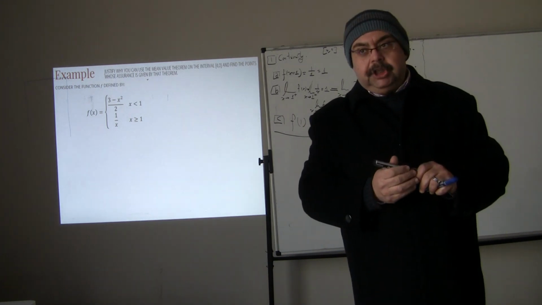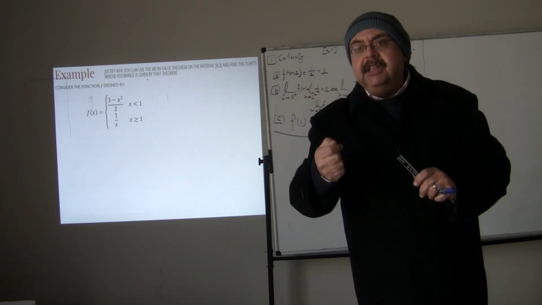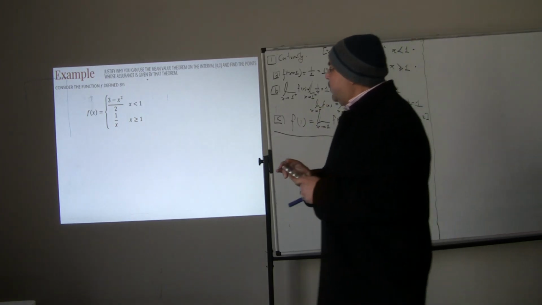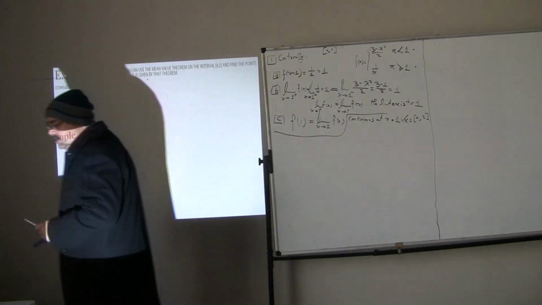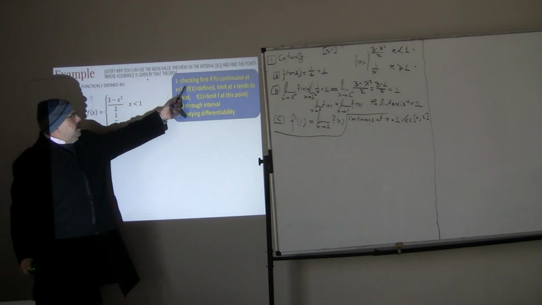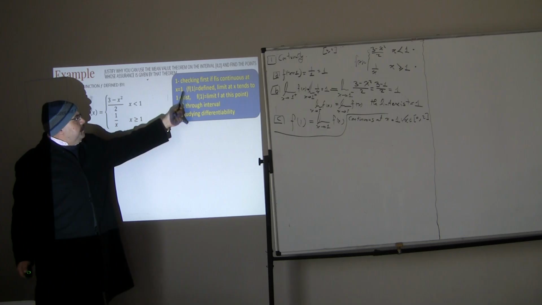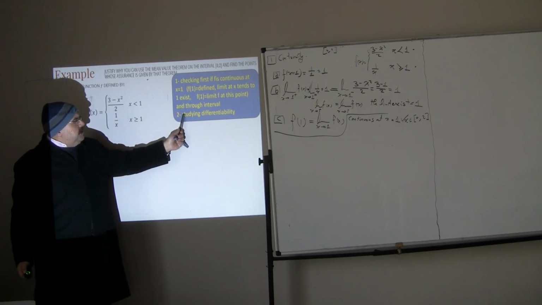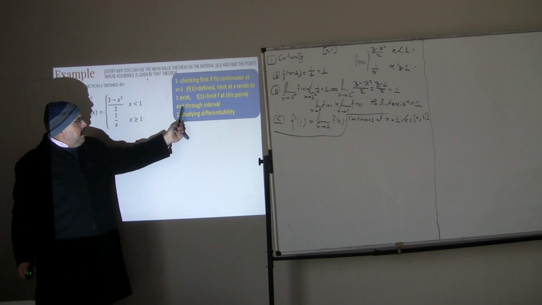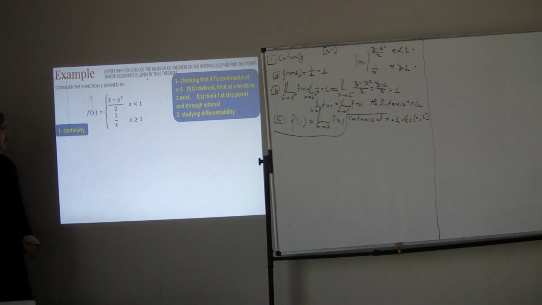The second condition is to check the differentiability of this function inside this interval. As I told you, I will start with checking the continuity by checking these three steps. The definition exists, the limit exists, both of them equal to each other.